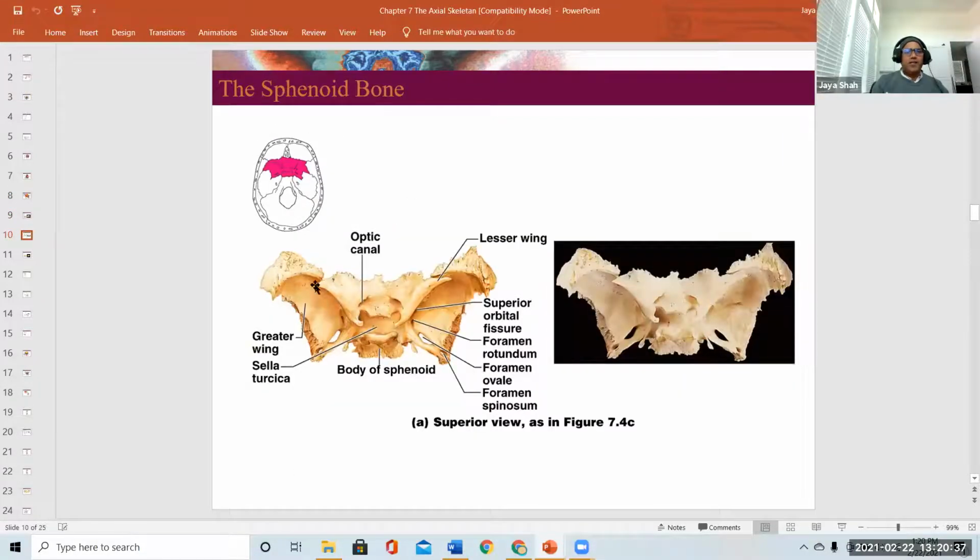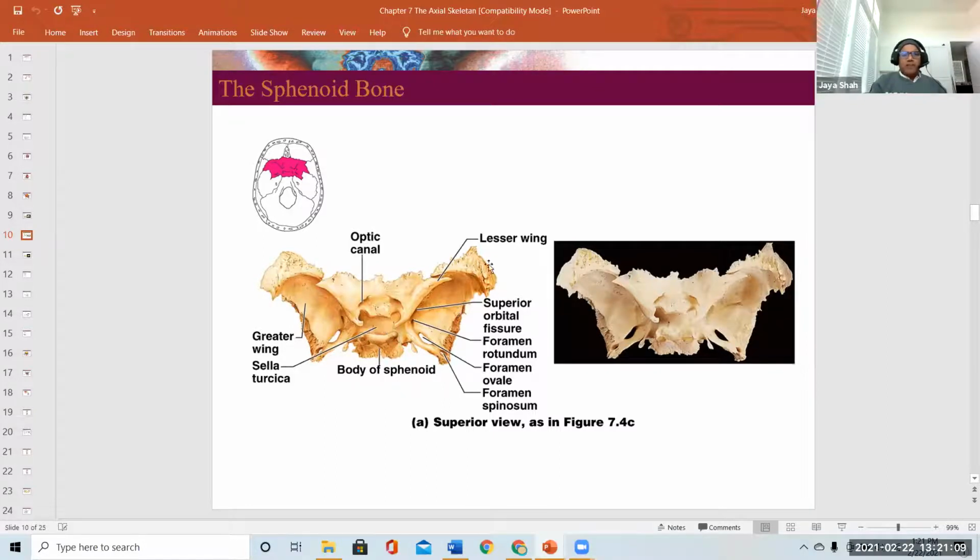So you see this is the skull put in anatomical position, and you have a transverse section, removed upper part of the skull, and then you are looking at the floor of the skull in front of foramen magnum. That is like the junction of anterior and middle cranial fossa. So this bone is like a bat.